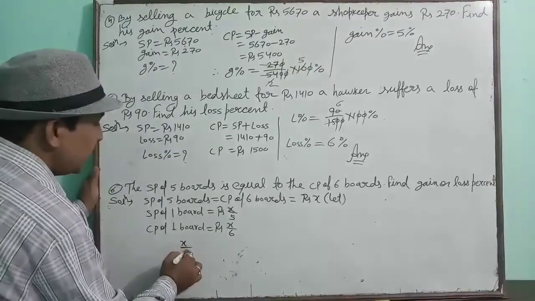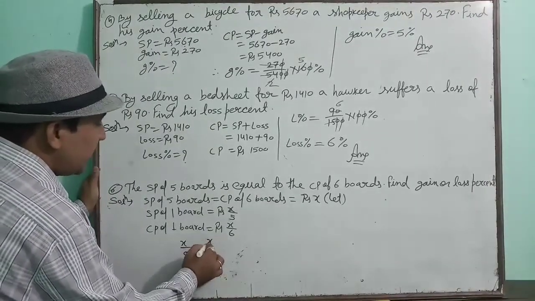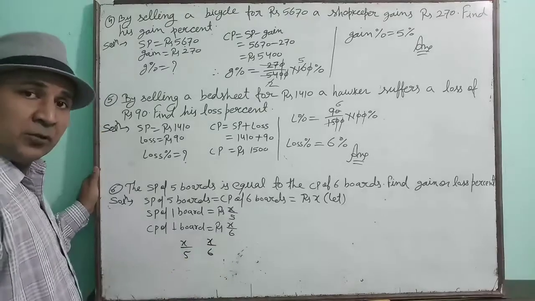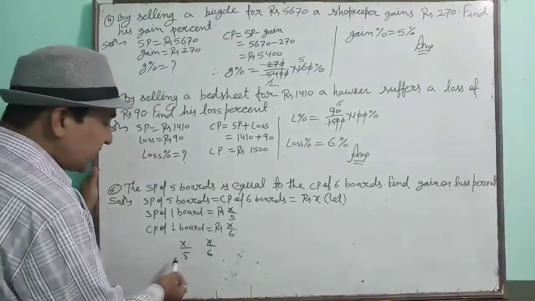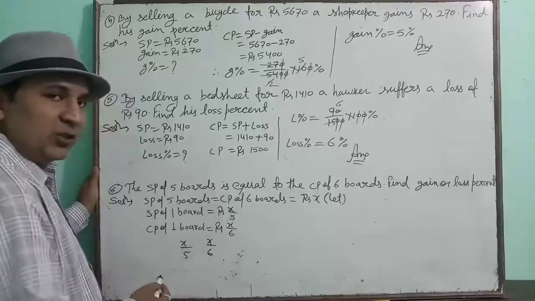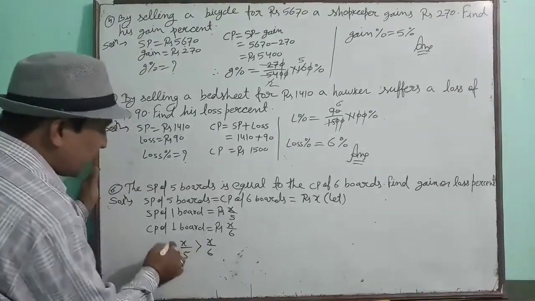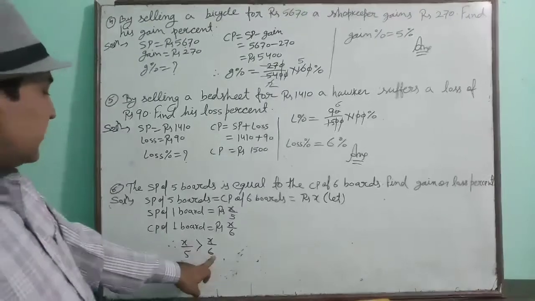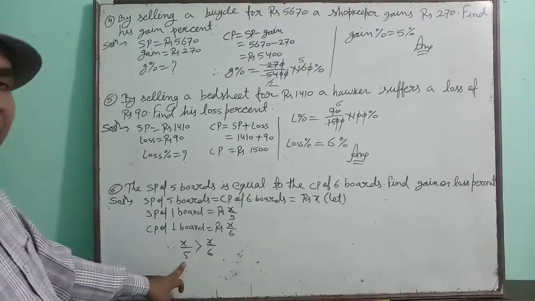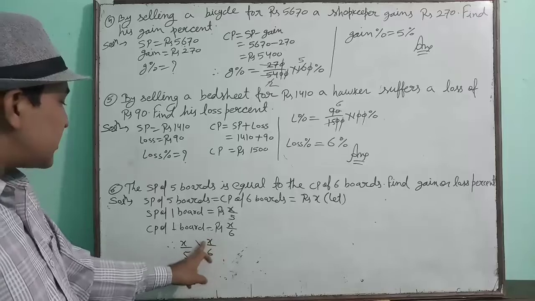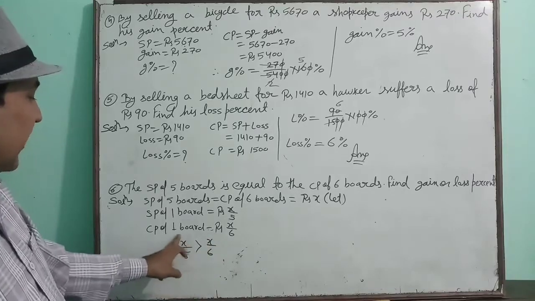So children, X by 5 and X by 6. We know that in the given fractions, if the numerators are equal, then smaller the denominator is the greater fraction. 6 is greater than 5, so X upon 6 will be smaller and X upon 5 will be greater.